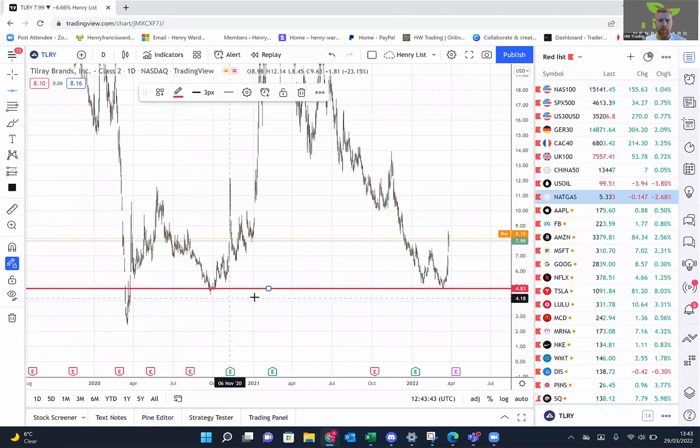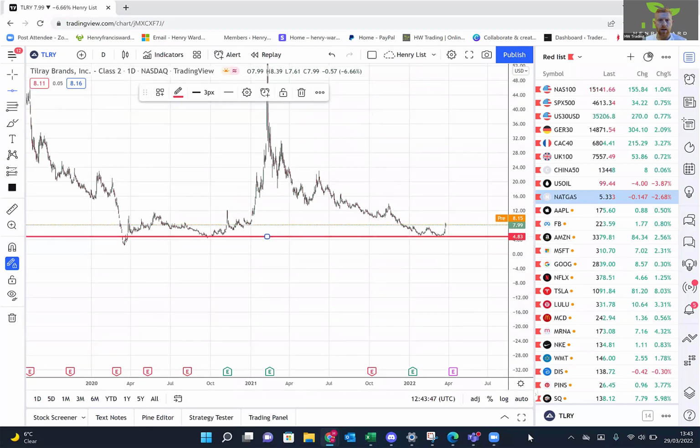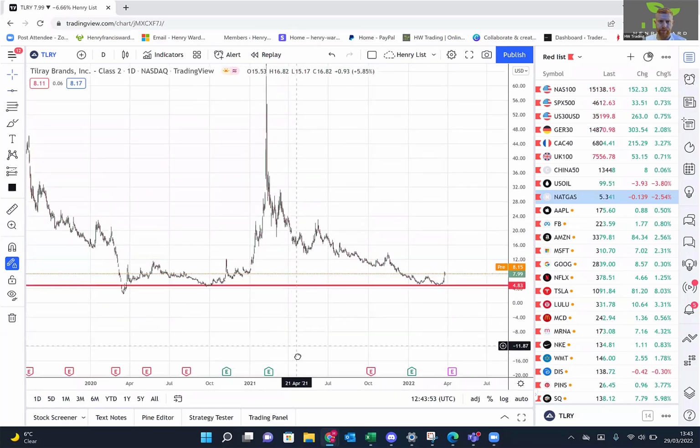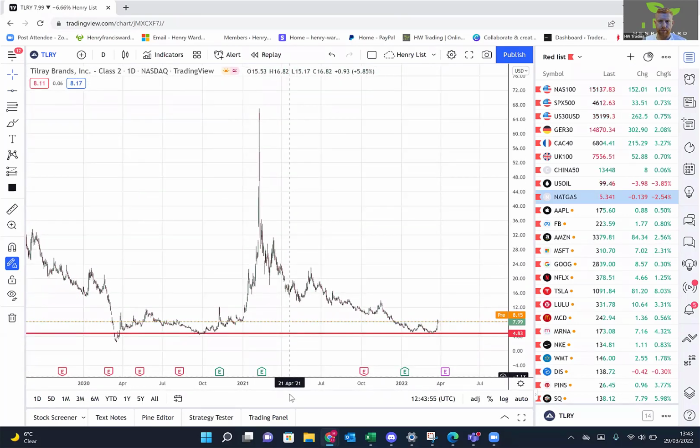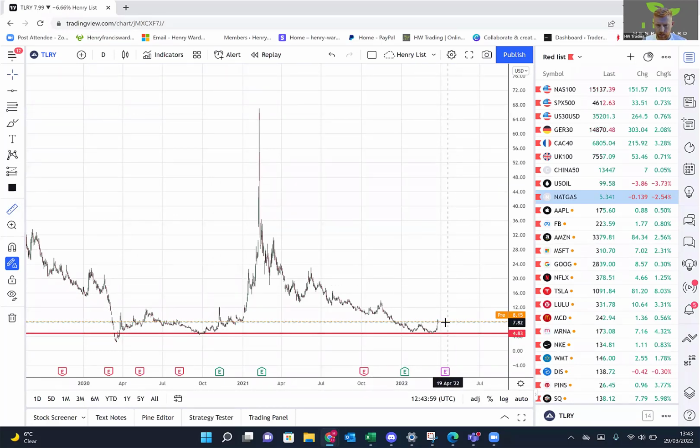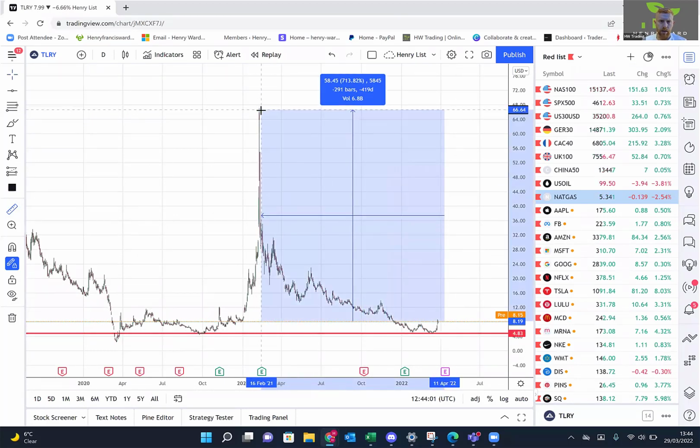It has a little more of a floor. And if we look at it here, up to the previous high, look, it's not worth even trading. It's only a 713% return on this one.